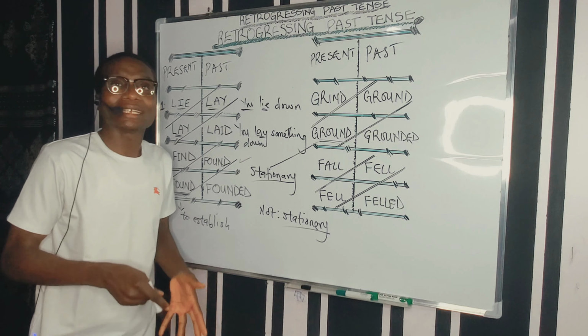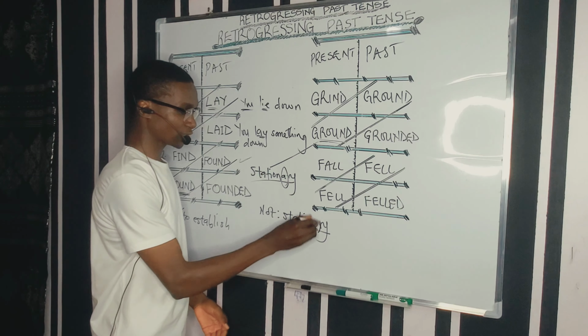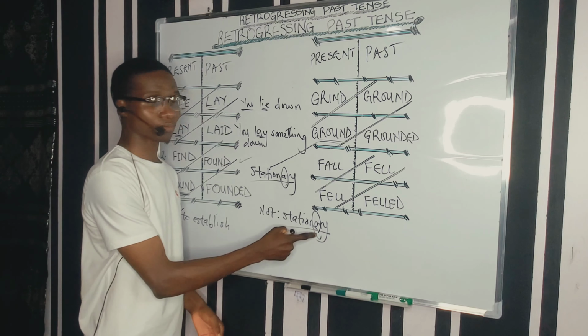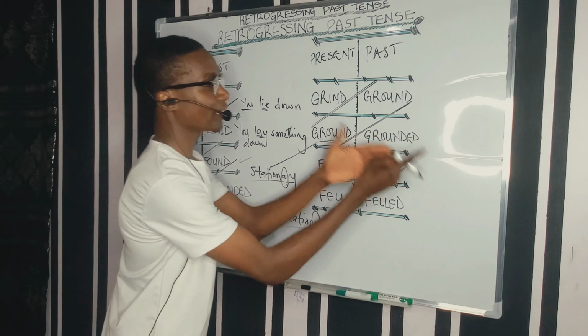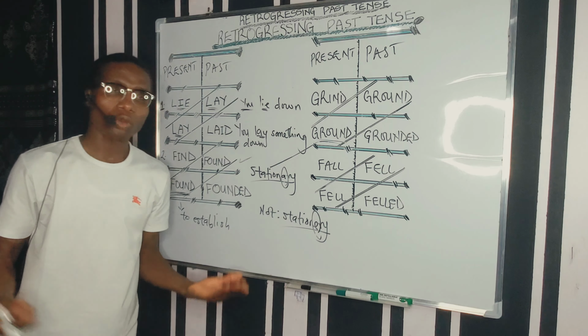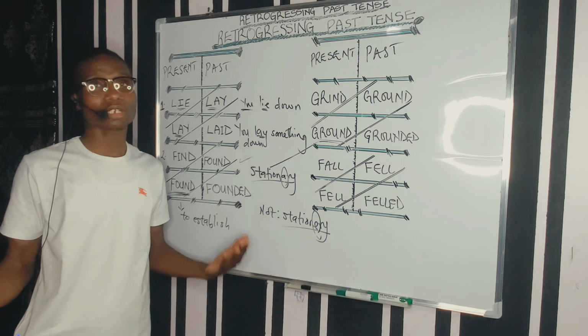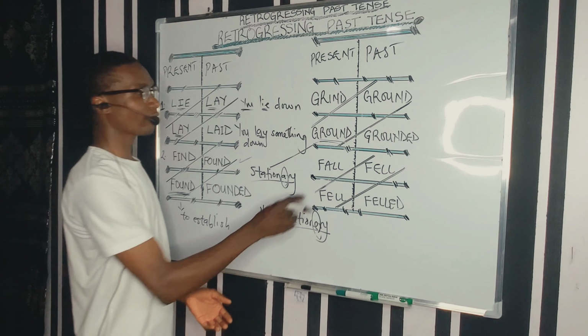So if you say you are grounded, that means the child cannot leave the home. The child is stationary. So the difference between the words is the A and the E. Then the past tense will be grounded. You are grounded. Why were you not in school yesterday? I was grounded.